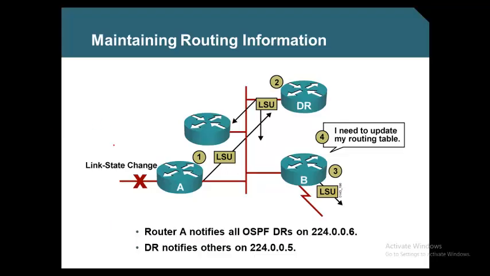That's the other way of saying the same thing. Okay, now let's read what they have written here. Router A notifies to DR, yes, to DR. DR notifies using 5. Is this clearly understood? Okay. About the sequence number, we will see.